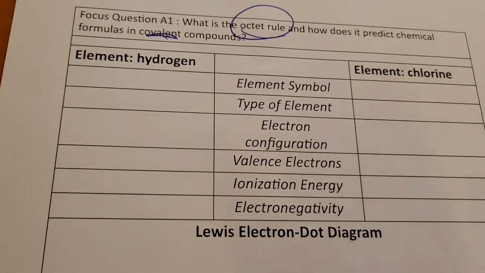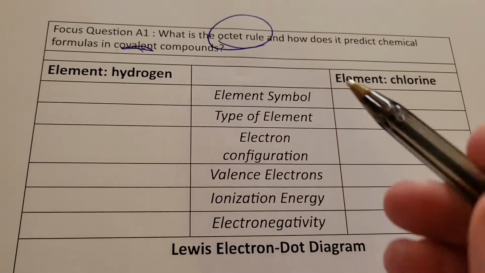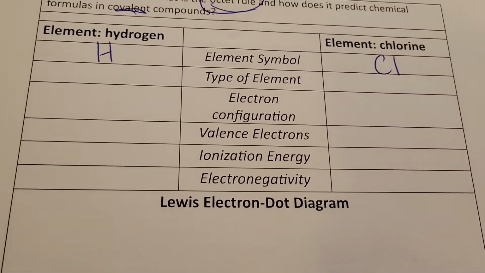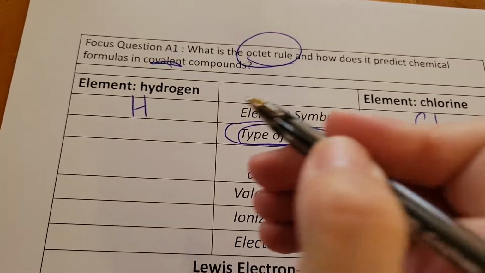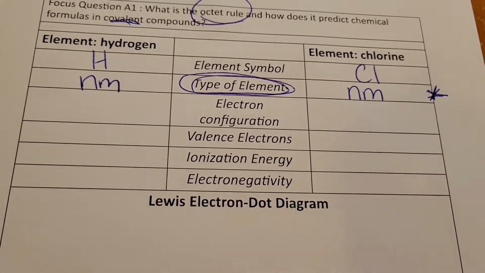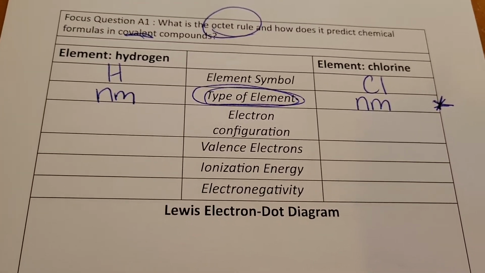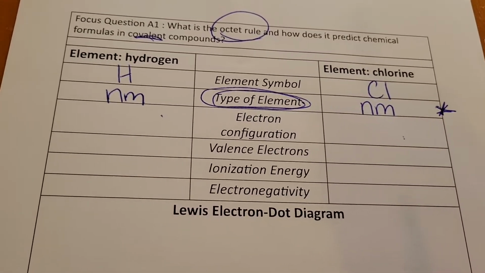So the first thing that's key to notice is how we can tell that something is covalent. Hydrogen is, of course, H, chlorine is Cl. The type of element is what's going to be a big indicator. Hydrogen is a nonmetal, and chlorine is also a nonmetal. So that's a big indicator that we have a covalent. Remember, ionic was a metal and a nonmetal. Now we have two nonmetals.